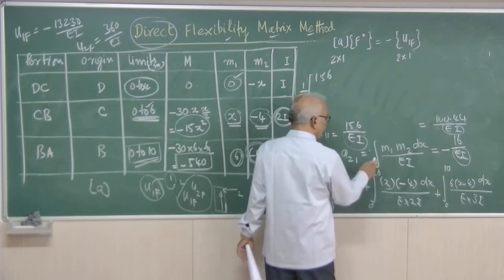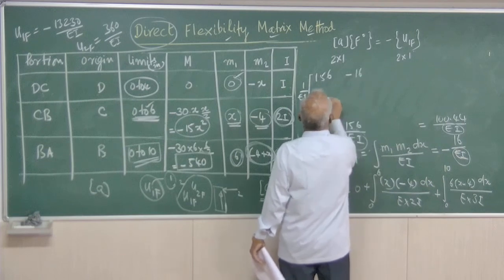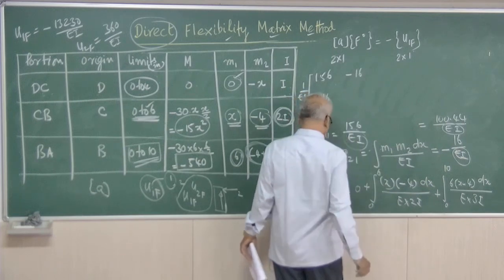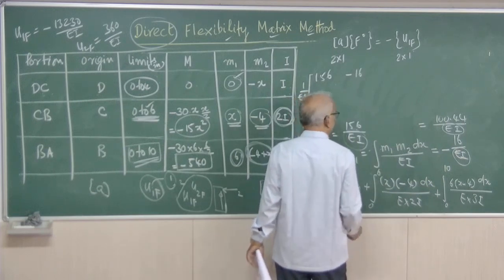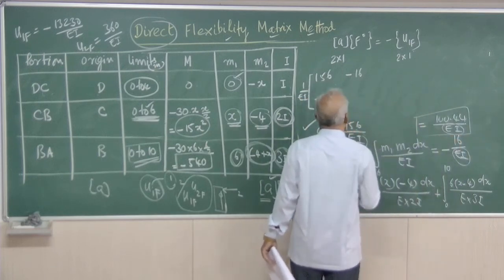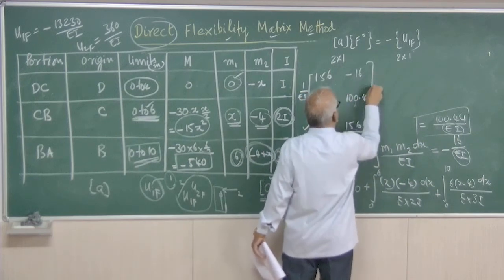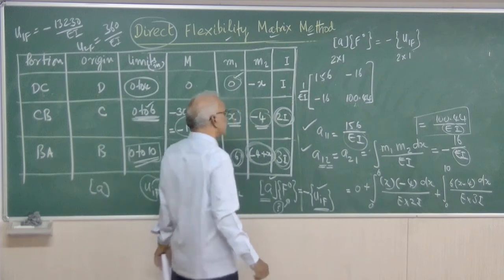A12 equal to A21 equal to minus 16. And A22 is this value, 100.44. So this is the A matrix.